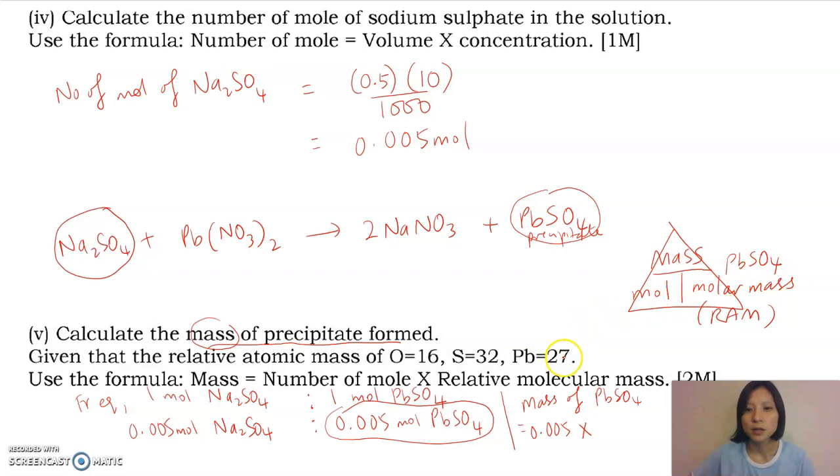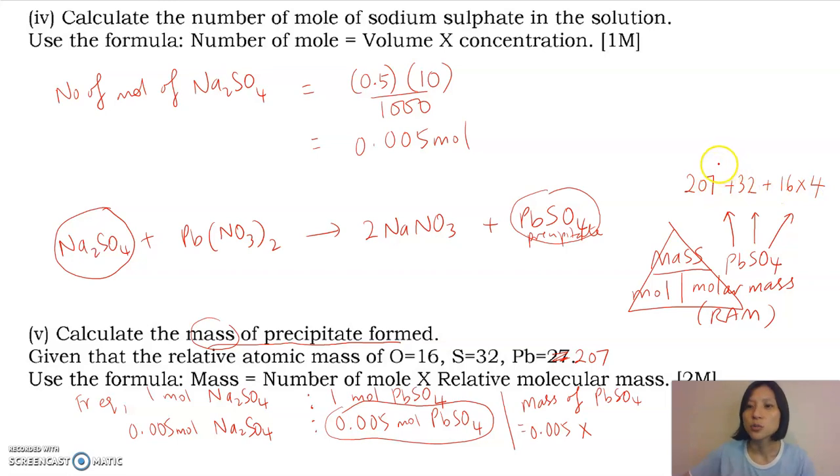Let's add up the molar mass for PbSO4. This question is wrong. It should be 207. The RAM for Pb is 207. S is 32. O is 16, and there are 4 O's, so times 4.